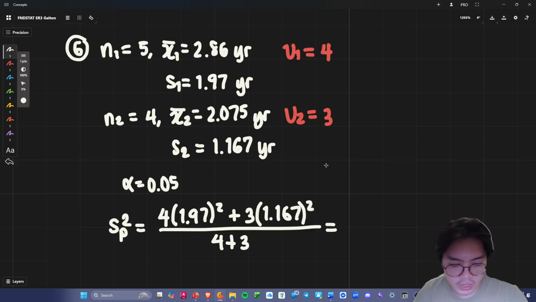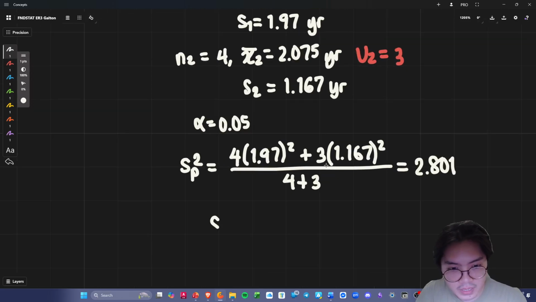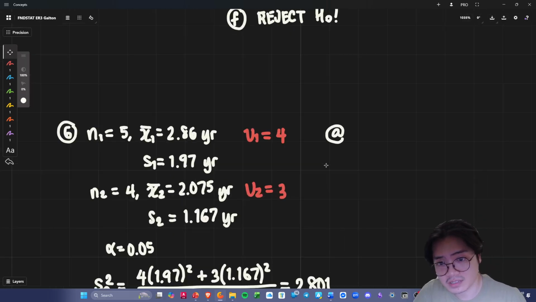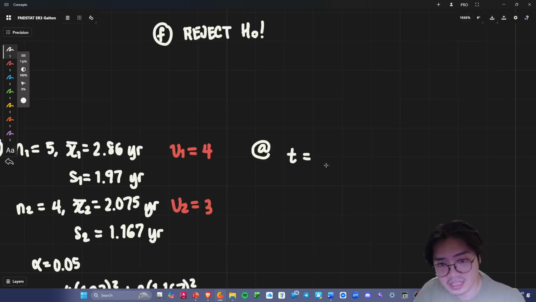Could have saved more decimal places, but it's whatever. We'll have 2.801 for our variance, which means our pooled standard deviation is going to be equal to 1.674. Now we have our test statistic here, which is a t test, of course.